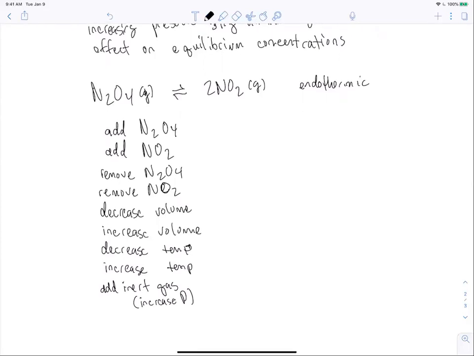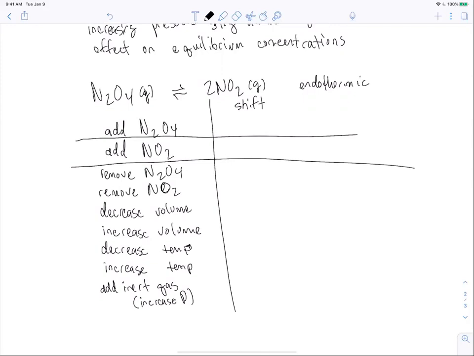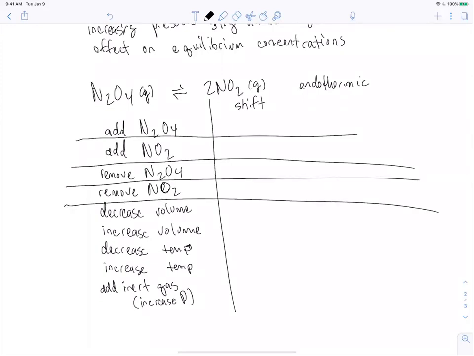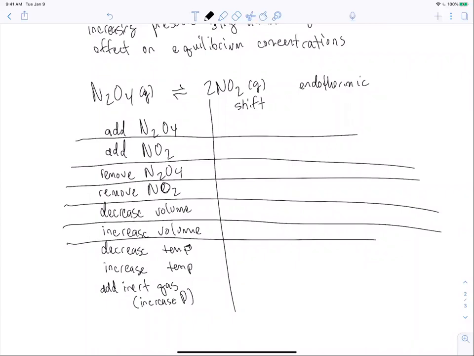So if we add N2O4, what's the shift going to be? To the products. Yep, shifts to the products.